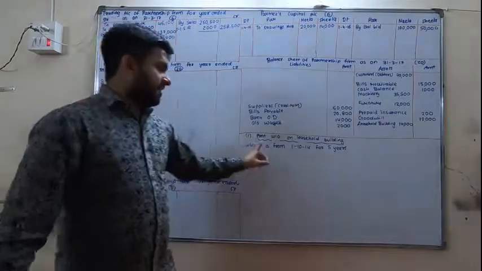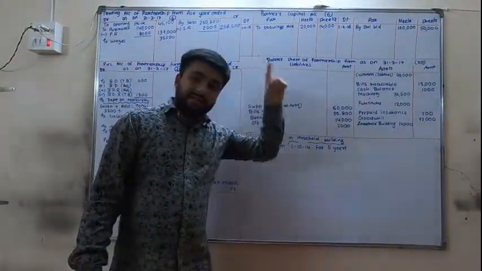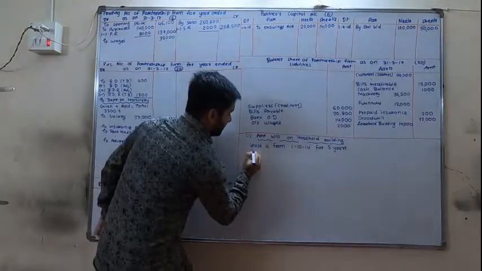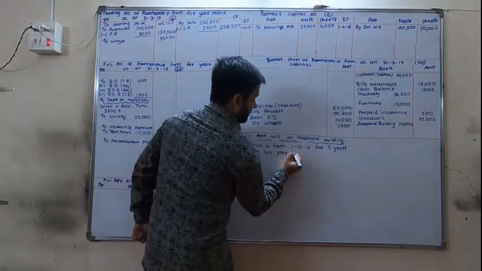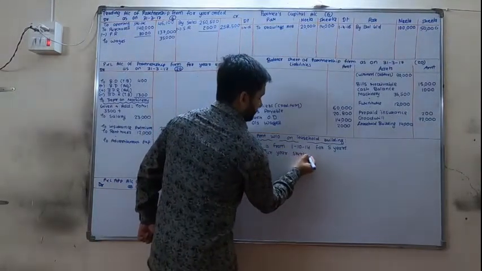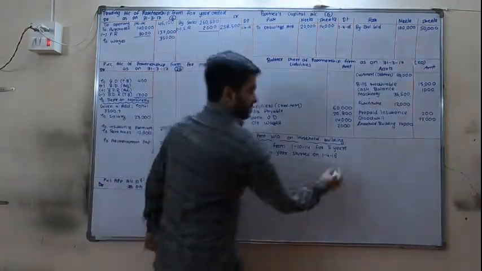What I have written? Amount written off on leasehold building. Lease is from 1/10/14 for 5 years, but our year started on 1/4/16.